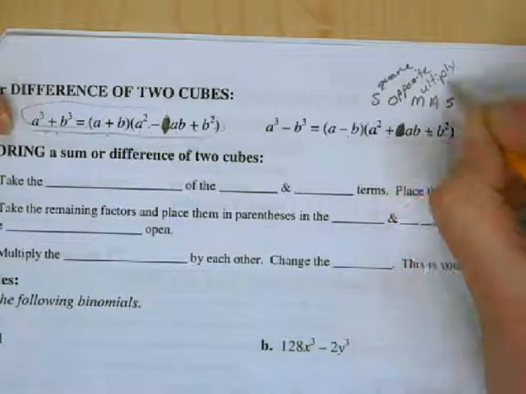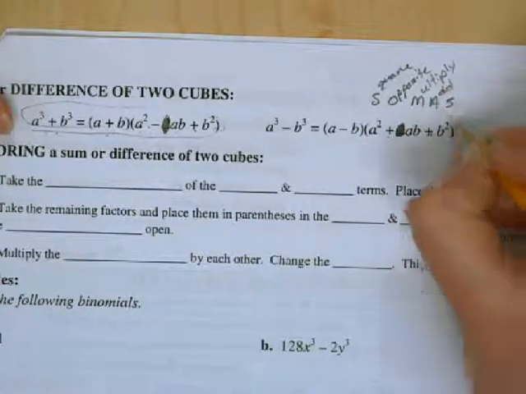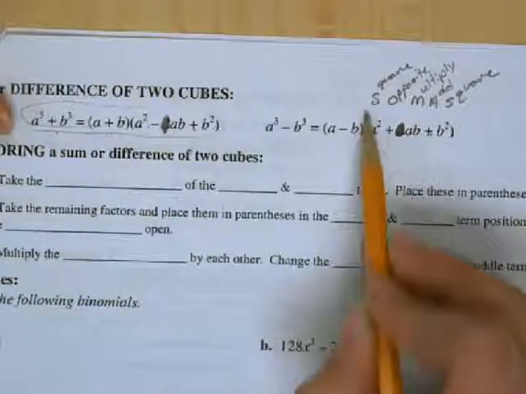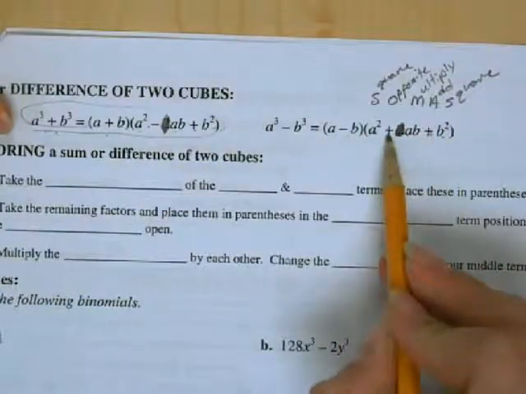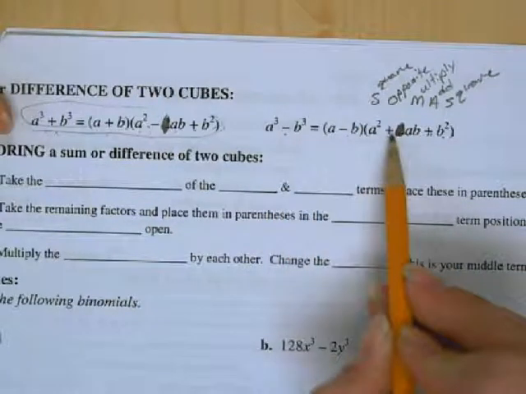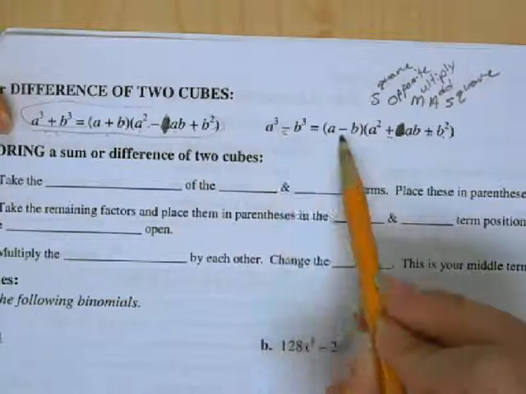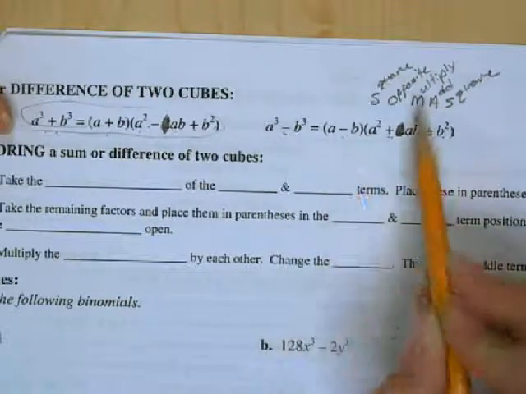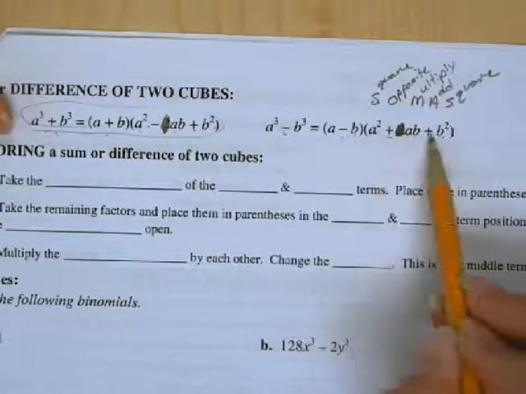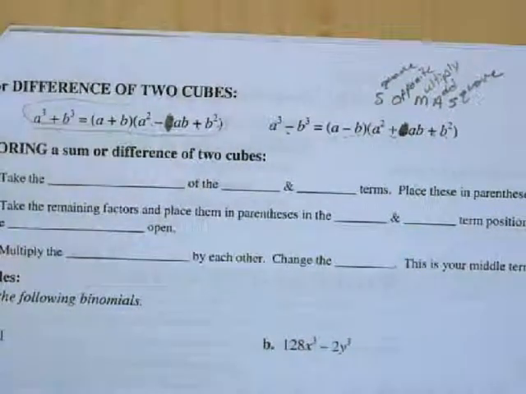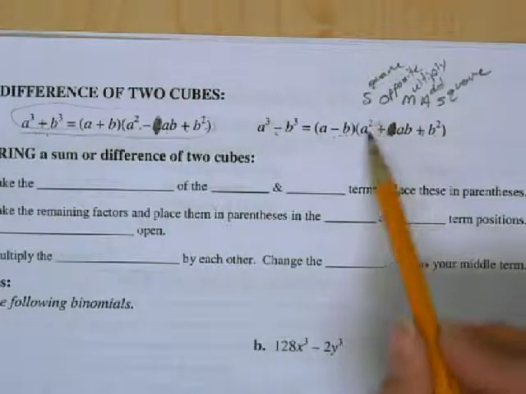You add, and then you square again. Okay, square the outside terms. Use the opposite sign. This is minus, so this one's going to be plus. The first set of parentheses will always share the same sign, and then you just use opposite sign. Multiply the two terms together. Add the square of the second term. Okay, square the outsides, multiply inside, always plus, always the opposite of the original.